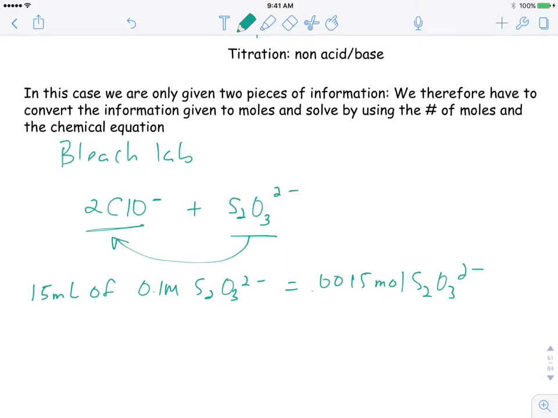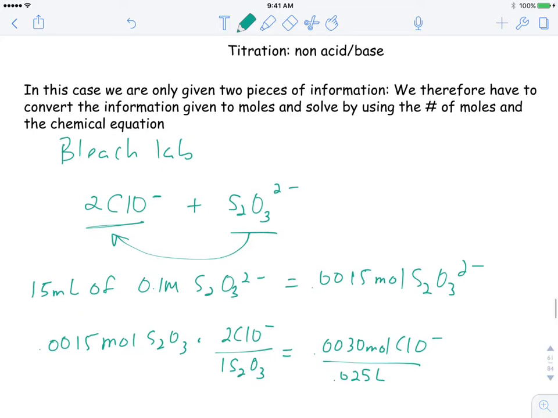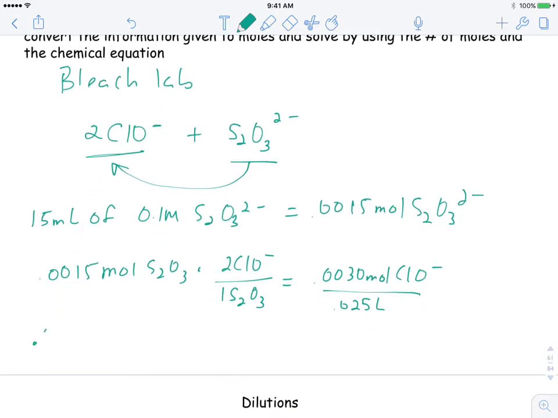I then use the ratio, 0.0015 moles of S2O3 times 2 ClO- for every 1 S2O3. This gives me 0.0030 moles of ClO-. If I wanted to find the molarity of the ClO-, I divide by the volume that I used. I think you were supposed to use 0.025 liters or 25 milliliters. So if I divide that by 0.025, I get that the molarity of this was 0.06 molar.